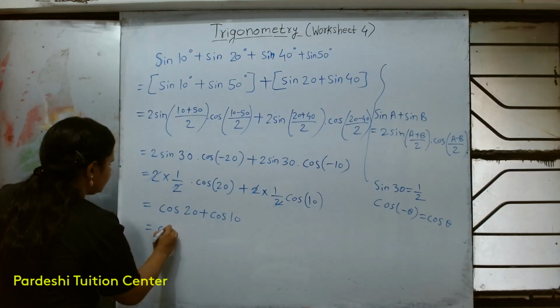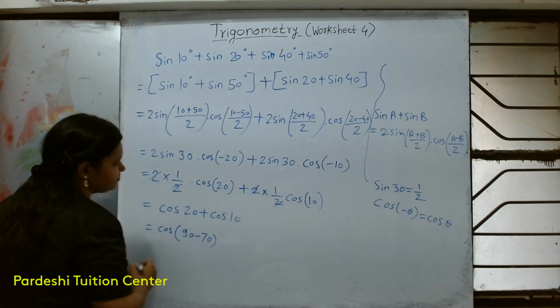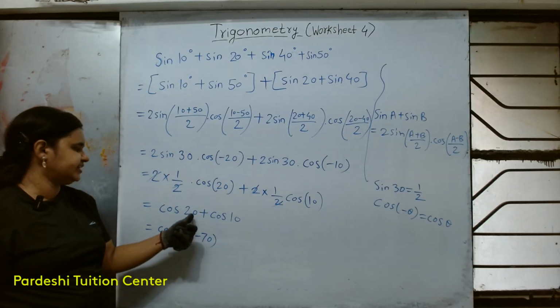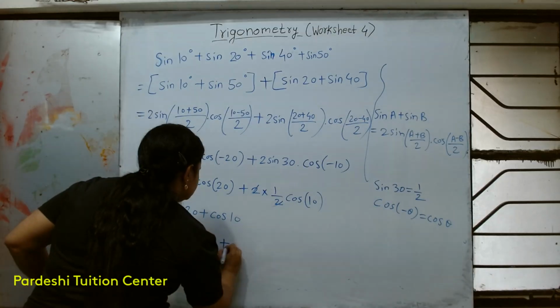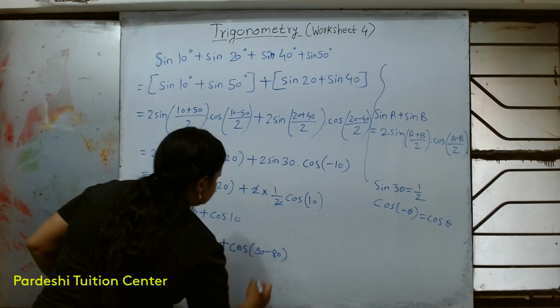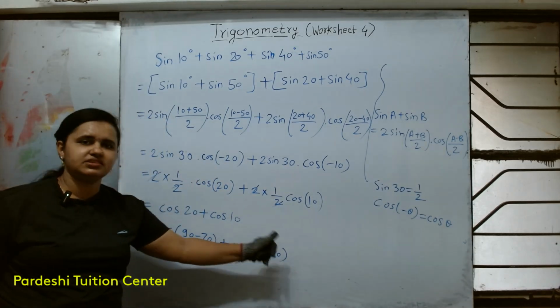So I can write cos of 20 as 90 minus 70. Okay, cos of 90 minus 70, that is cos 20. I can write cos 20 as 90 minus 70 and cos of 10 as 90 minus 80. Okay, I have just written 20 as 90 minus 70 and 10 as 90 minus 80.